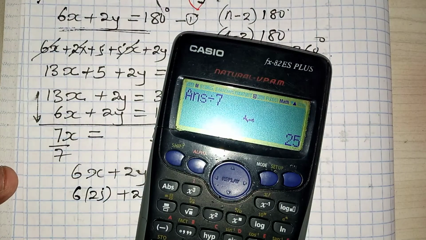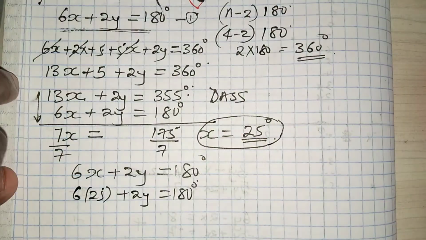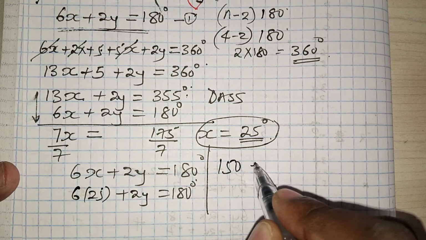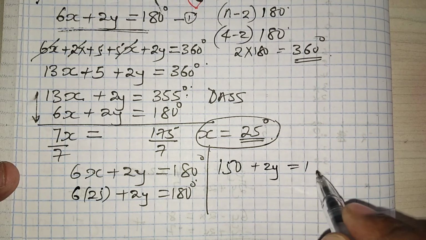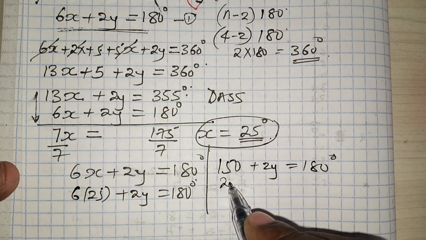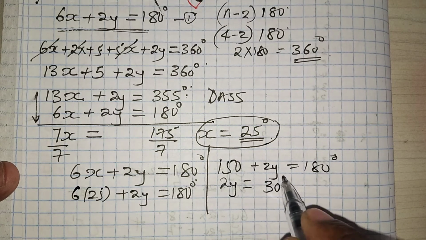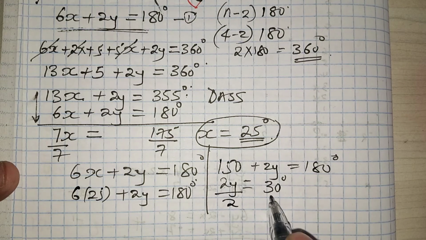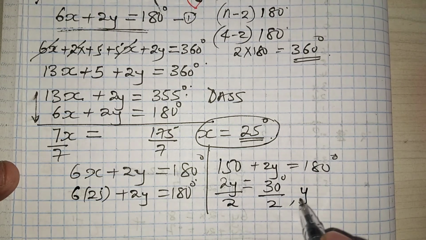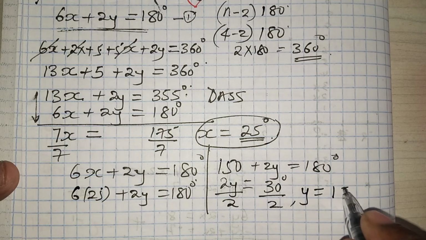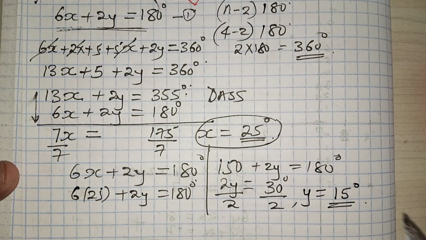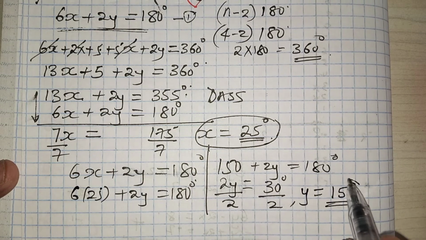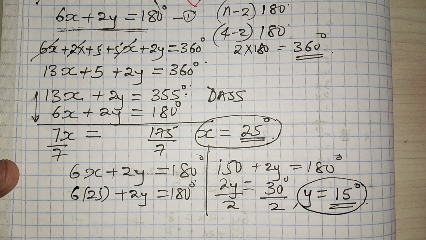What is 6 times 25? We have 150. 150 plus 2y is equal to 180 degrees, and therefore 2y is 30 degrees because of 180 minus 150. Dividing both sides by 2, you realize that y is equal to 15 degrees.